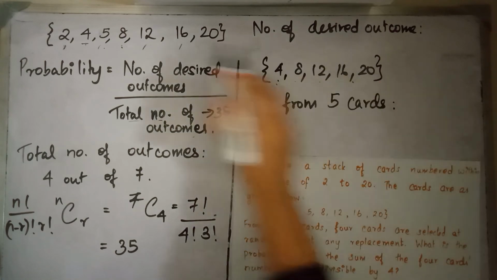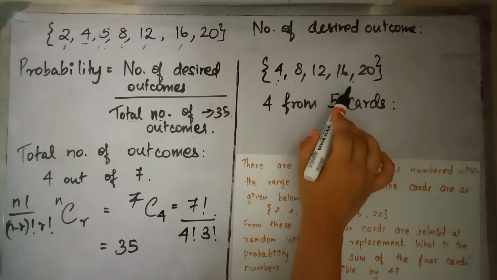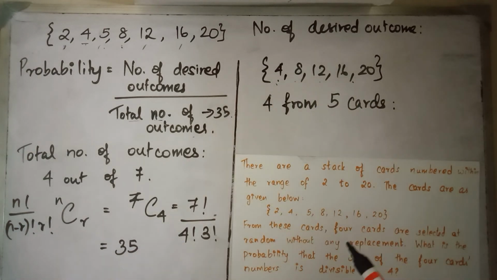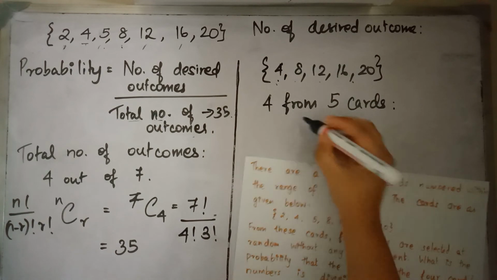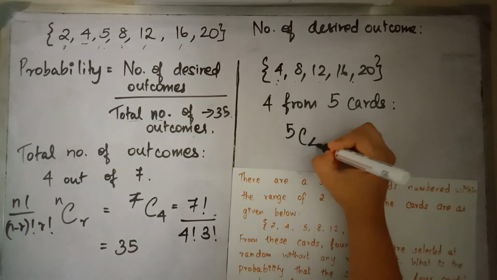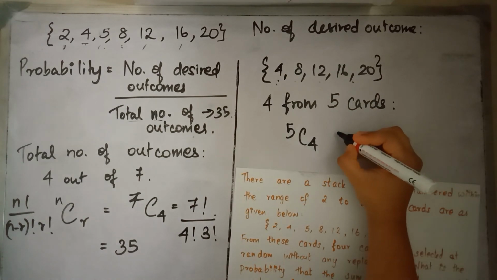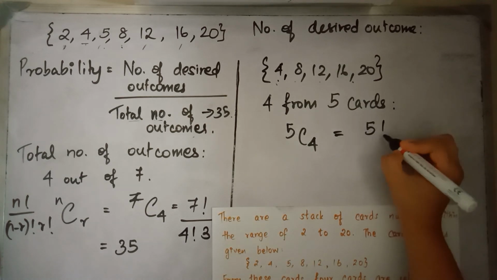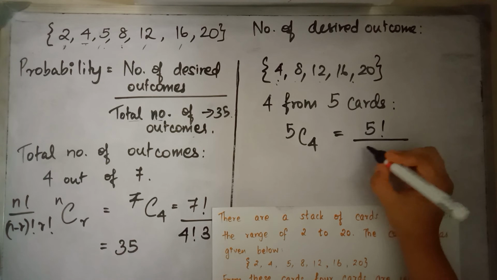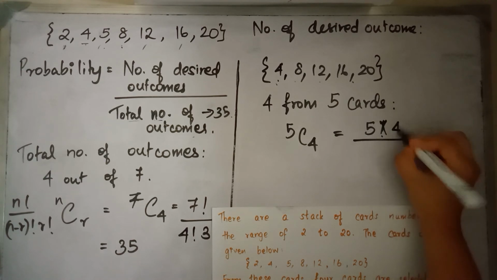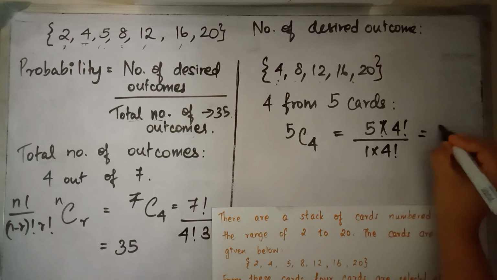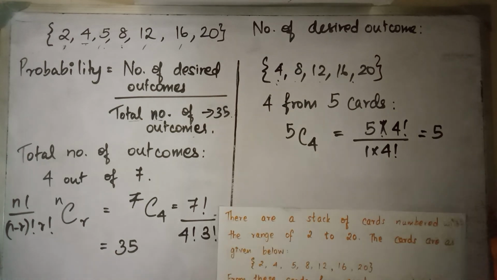We have narrowed down these 7 cards into 5 cards, because only if I choose from this set will it give us a desirable outcome. So we will have 5 combination 4. This will give us 5 into 4 factorial over 4 factorial into 1. So it will give us 5 itself. So we have 5 desirable outcomes.